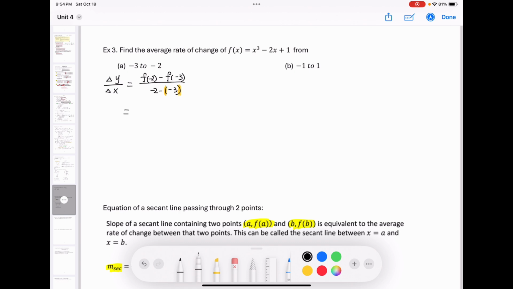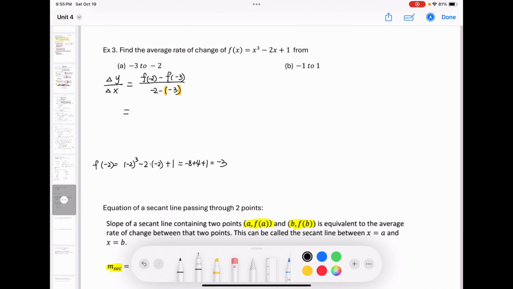Okay, next step, we want to find what is f of -2. So we can bring the -2 in the function. -2 cubed minus 2 times -2 plus 1 is equal to -8 plus 4 plus 1, which is -3.